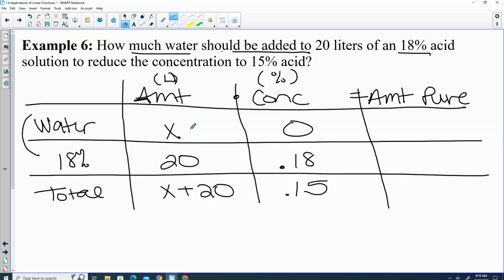So if I multiply, X times 0 is 0. My 0.18 times 20 and my 0.15 times X plus 20.